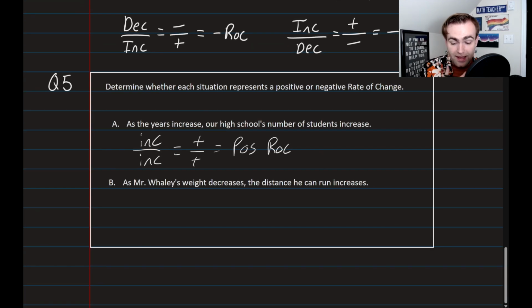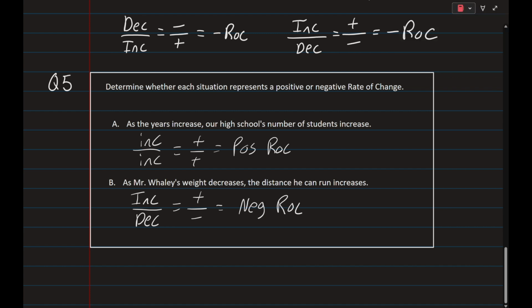Then you have, as my weight decreases, the distance I can run increases. So the dependent variable is the distance I can run, which is increasing, and the independent variable is my weight, which is decreasing. So it would be increasing over decreasing, which is akin to a positive divided by a negative. So that would be a negative rate of change.